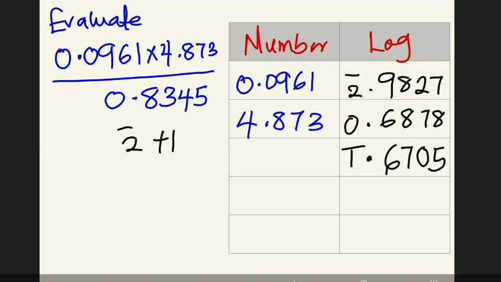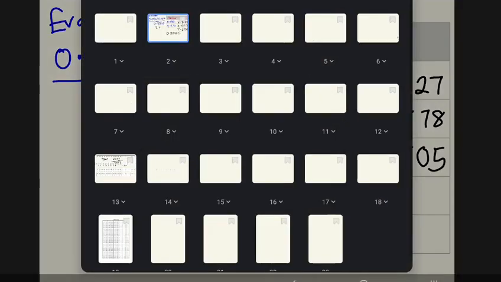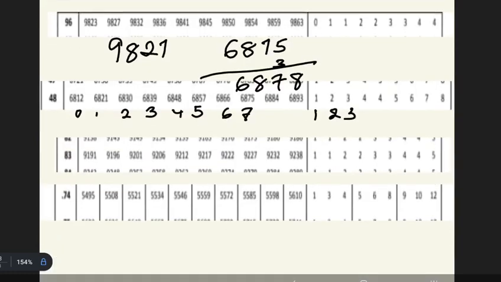Let's go to the denominator part. 0.8345. You can still remember what you did for the other one: you turn it to here. Since we are moving right, it will give you bar 1 point. In bar 1 point, let's find the logarithm of 83 under 4, difference 5. 83 under 4 is 0, 1, 2, 3, 4.